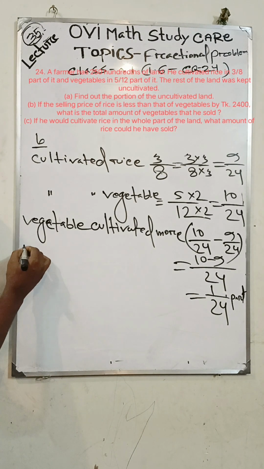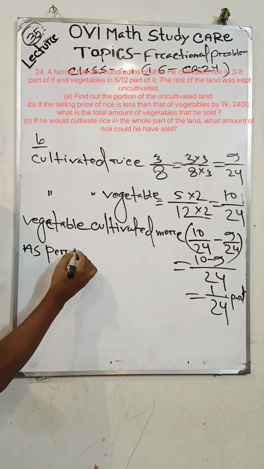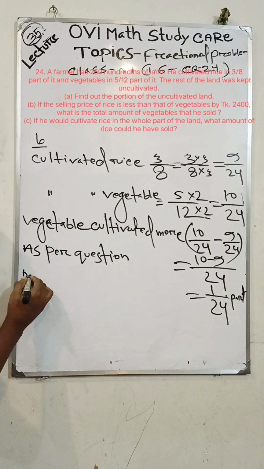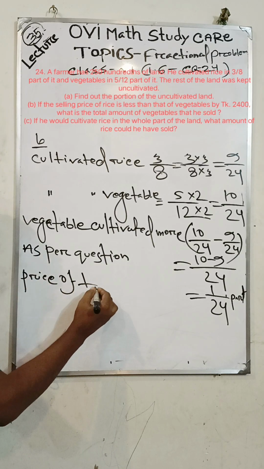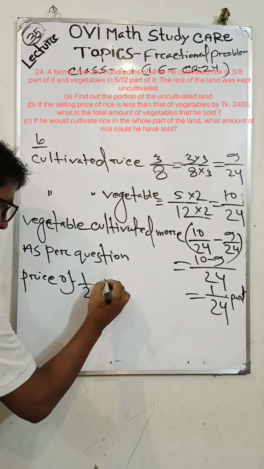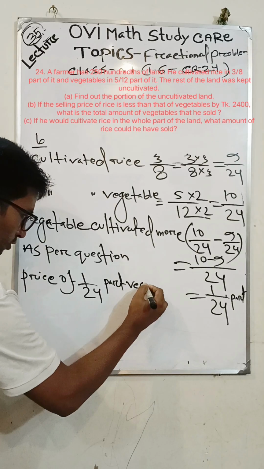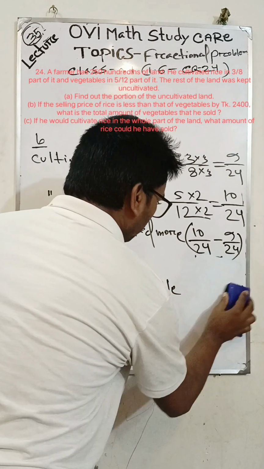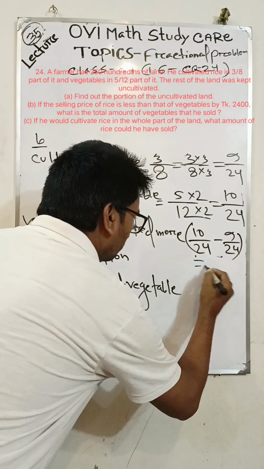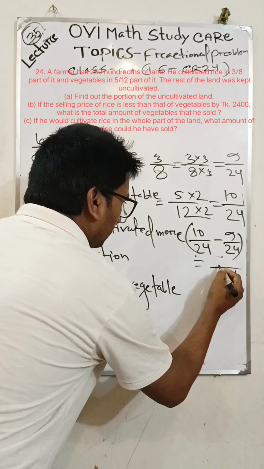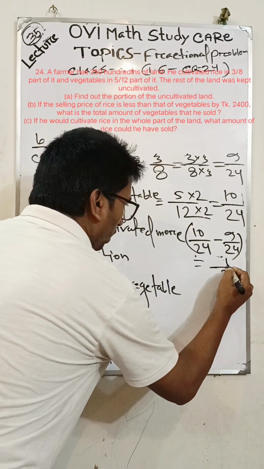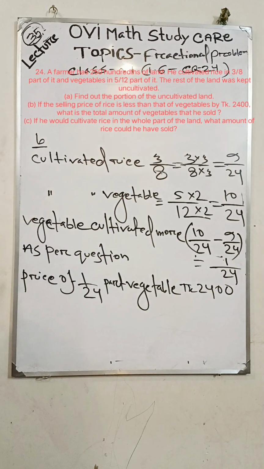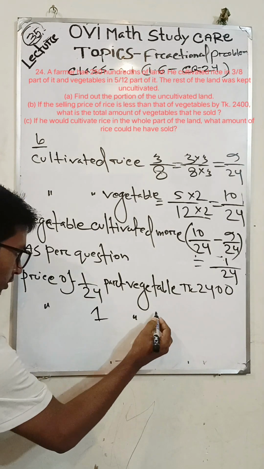So as per the question, the price of 1/24 part of vegetable is taka 2400, and the price of one portion of vegetable is 2400 by 1/24.